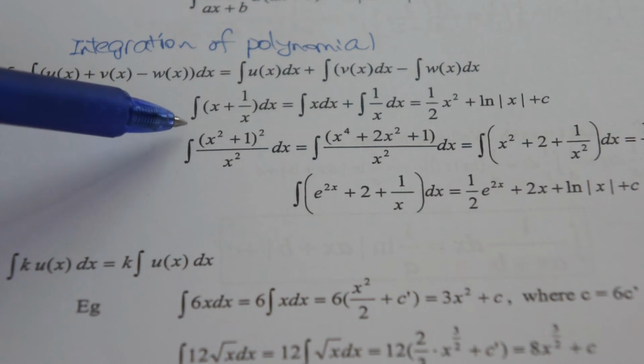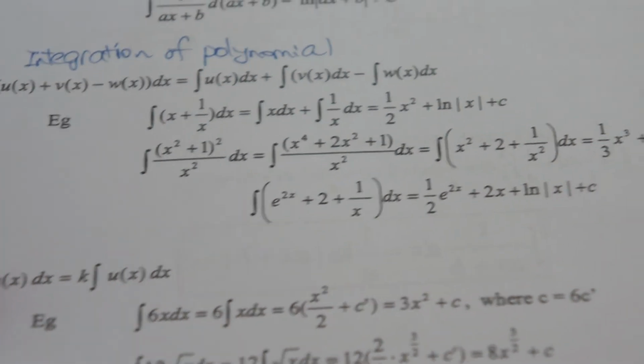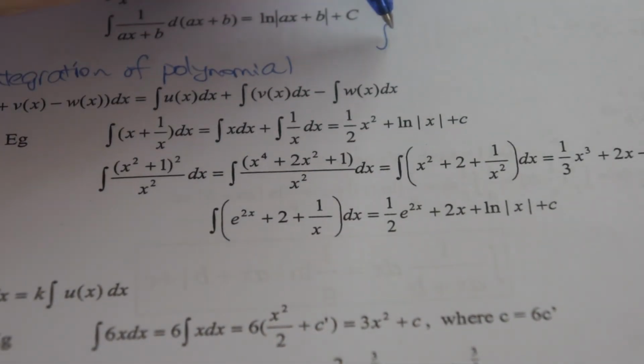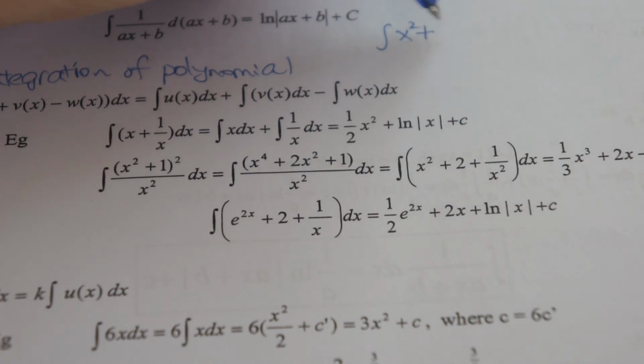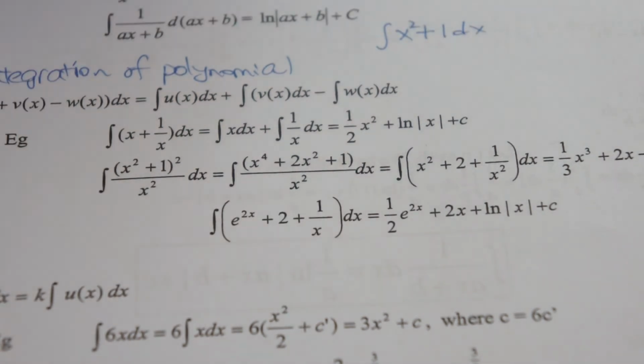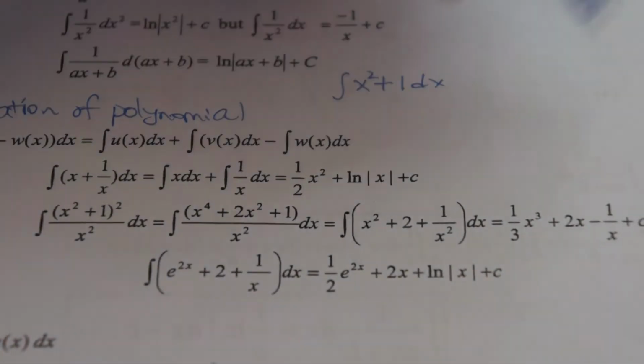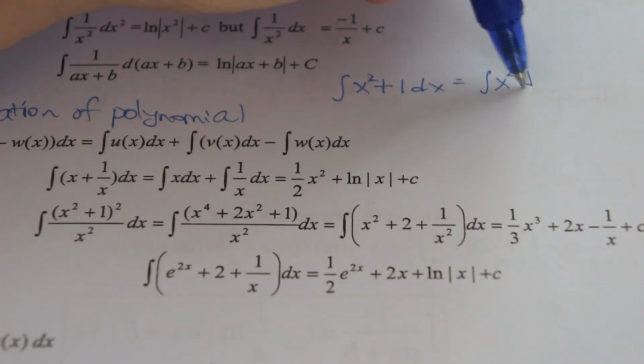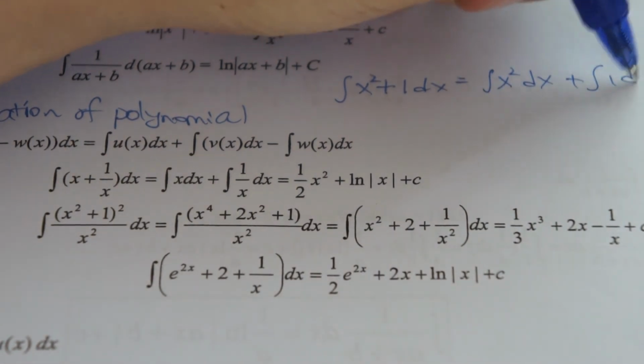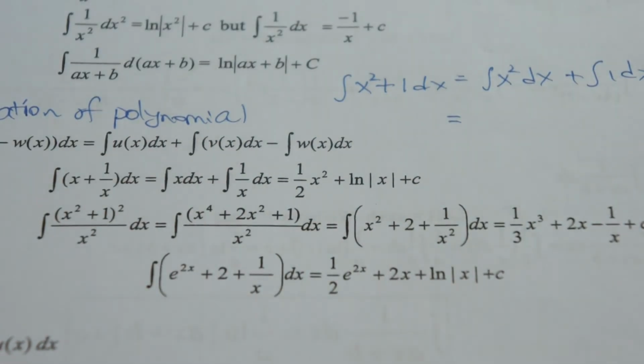Say for example, I do it in my own way. If we integrate this one, the first part is to integrate x squared, the other is to integrate the number 1.